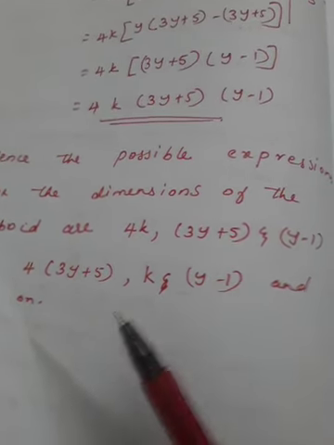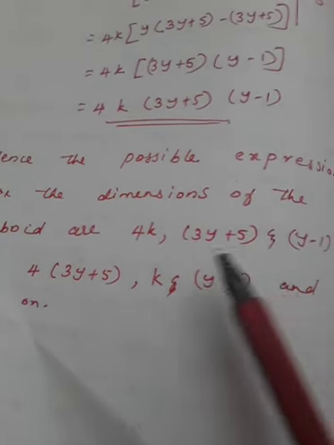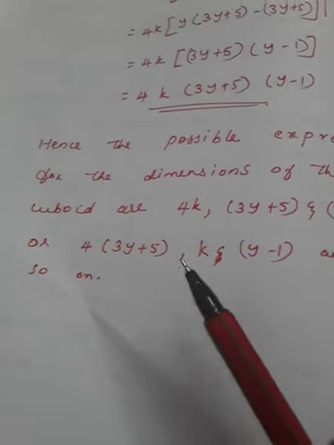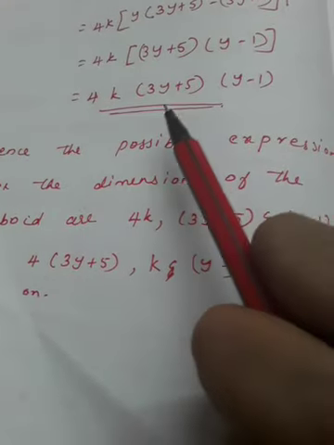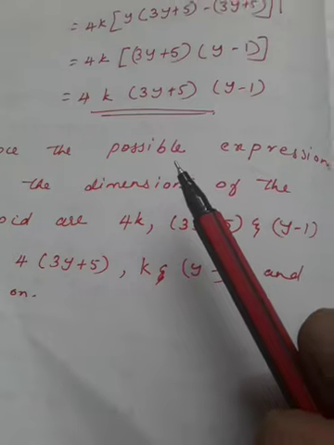So that 4 and k we can group with any of these two factors. In this way we can arrange in any way, but actually the factors are 4k, 3y plus 5 and y minus 1.